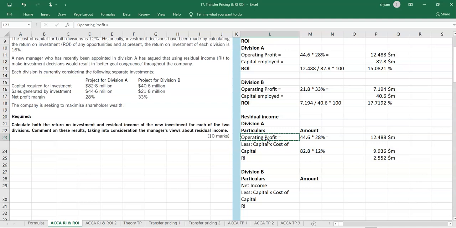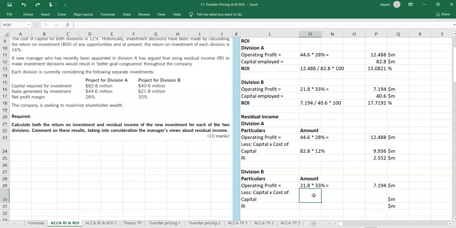Let's work out for division B. It's net operating profit, which is already calculated, so we can copy it from here. Capital into cost of capital we have to get.